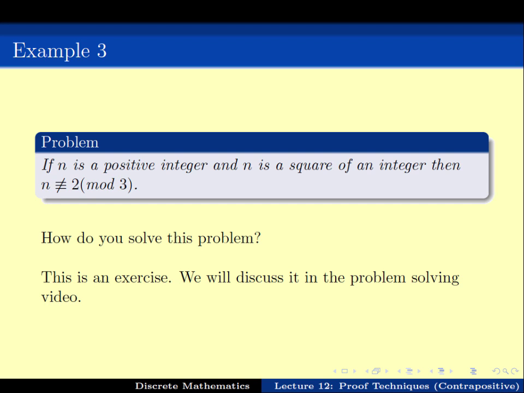As we have seen in many of the proofs, in the last videos as well as this video, the final proof of a problem possibly involves applying multiple proof techniques in the same problem. Maybe a proof by contradiction followed by a case study, a proof by contrapositive followed by a direct proof, and so on and so forth.